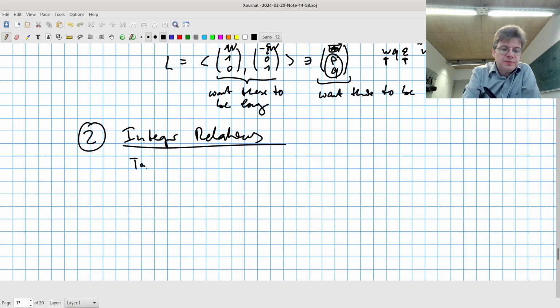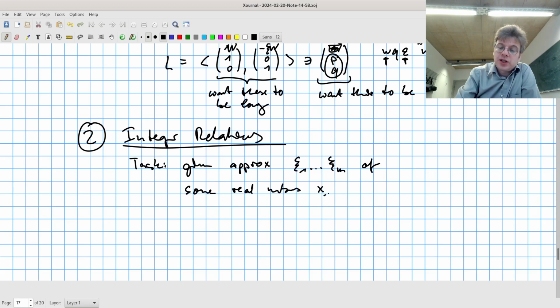So the task is here, given approximations, let's call them xi1 up to xi m of some real or complex numbers x1 up to xm. Of course, you see I hesitate to say given real numbers, because how would a real number be given if it's really a strange number that is only determined by its entire decimal expansion that is infinite?